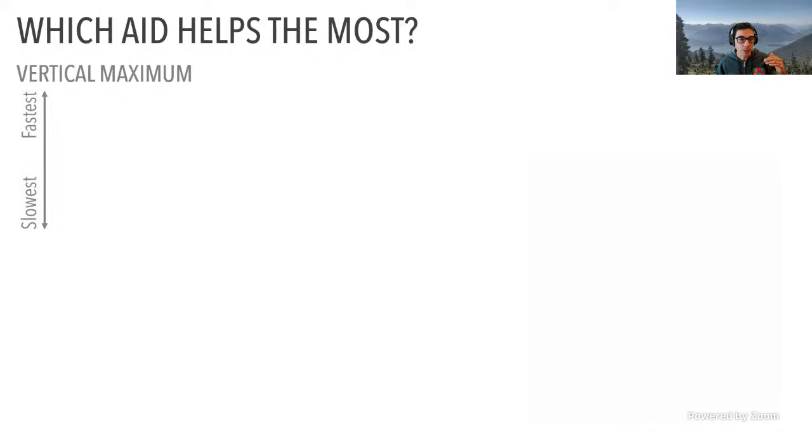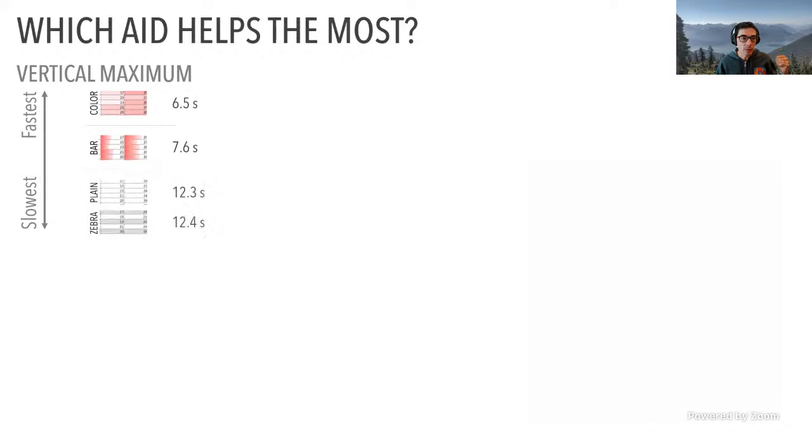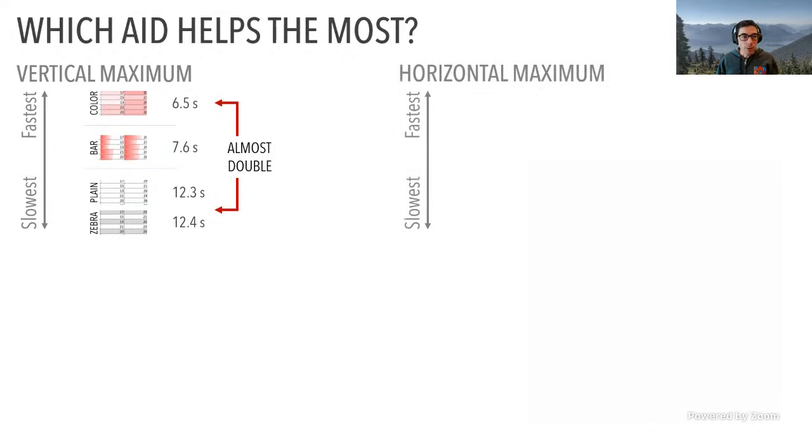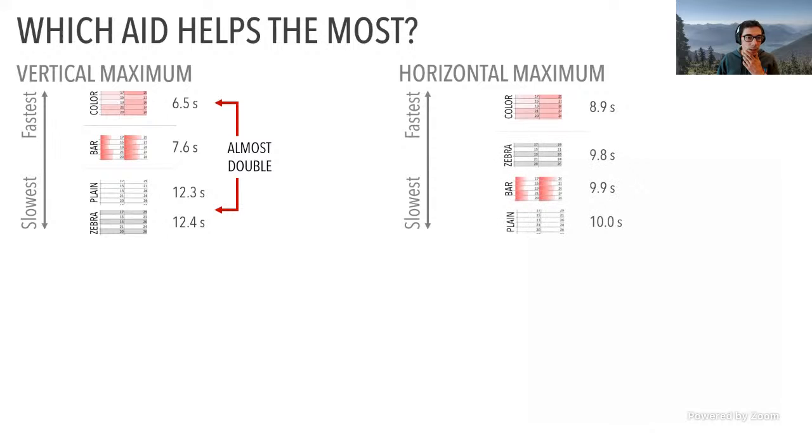We rank the conditions according to completion time, and we find that in that case, color wins with bar a close second, and plain and zebra together then, with which participants took almost double the time to complete the task. For horizontal maximum, color still helps, but not as much, with a 10% improvement in performance.